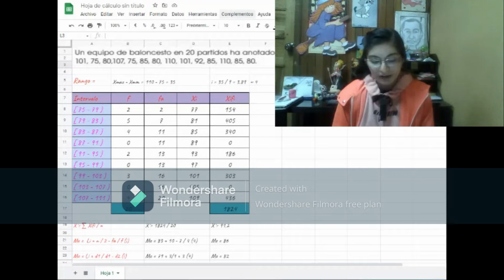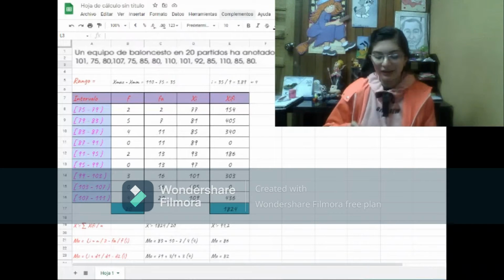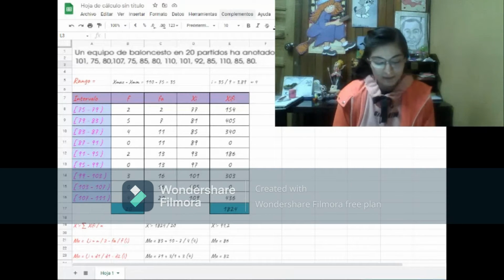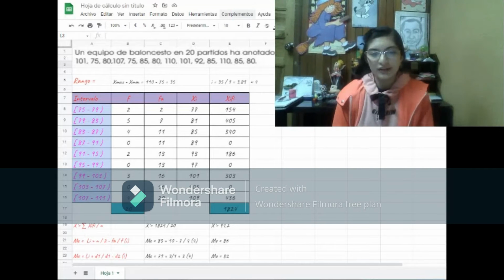So for x, we have to add up the limits of each interval, these 4 numbers, and divide it by 4. For example, in the first interval we have 75 to 79.